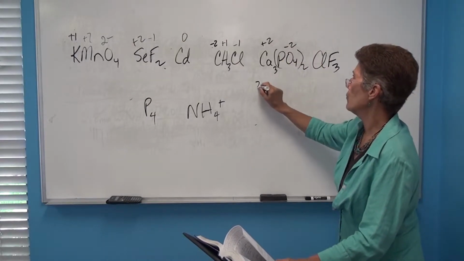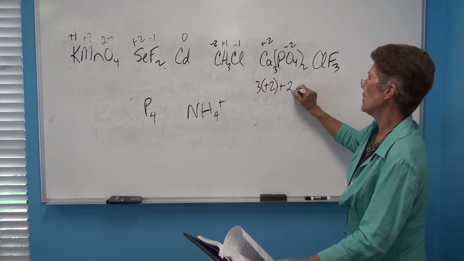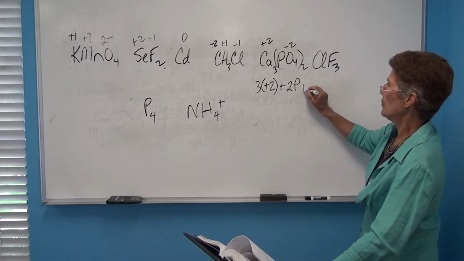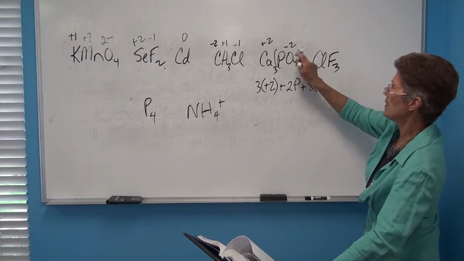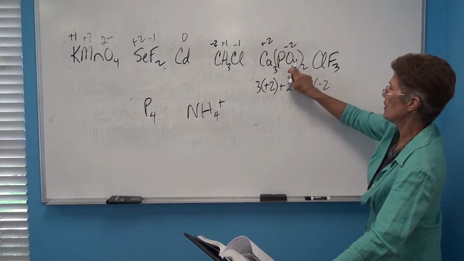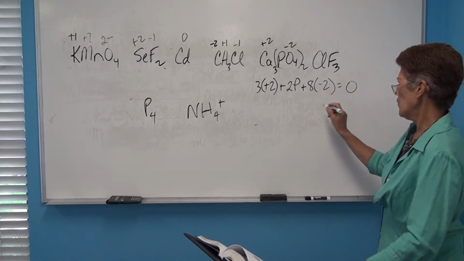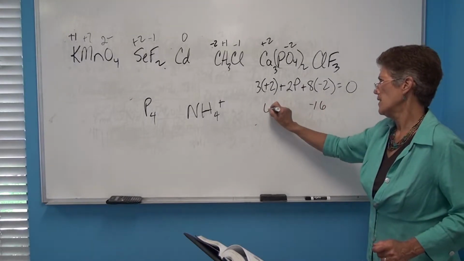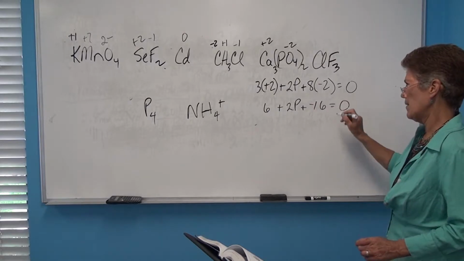So we have 3 times +2 plus 2 times whatever phosphorus is, plus 2 times 4 is 8 times the -2, because there's 8 of those at -2, and that whole thing is going to equal 0. So this is -16, this is +6 plus 2 times phosphorus, and we need to make that statement true.